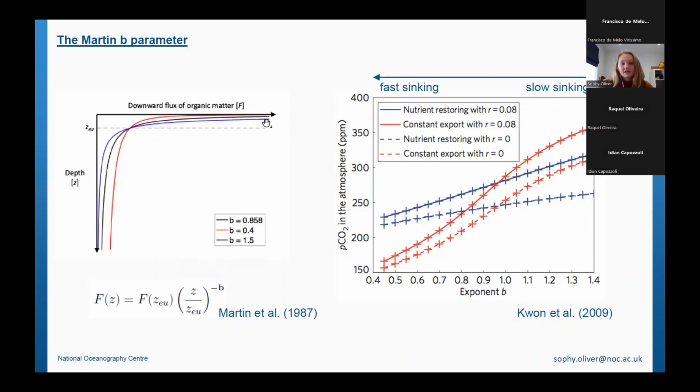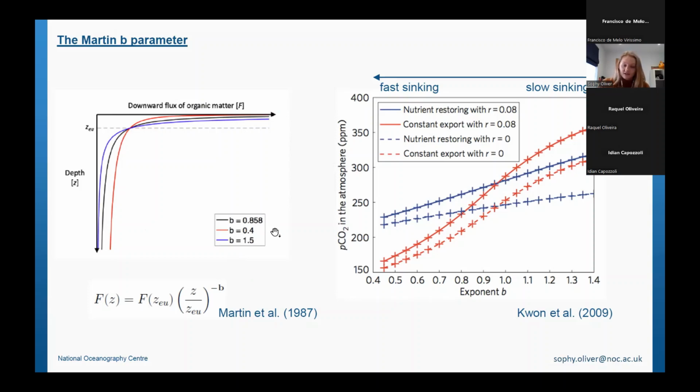We follow this blue line, so we've got lots of sinking flux at the surface, and then a lot of it gets remineralized in the upper water column so that there's less flux sinking to depth. This would mean that we have a weaker biological carbon pump because we have less downward transport of organic matter. But then if we had a lower B, 0.4, we follow this red line. Again, we've got high flux at the surface, but a lot more of this flux is reaching deeper into the ocean. So we have a stronger biological carbon pump.